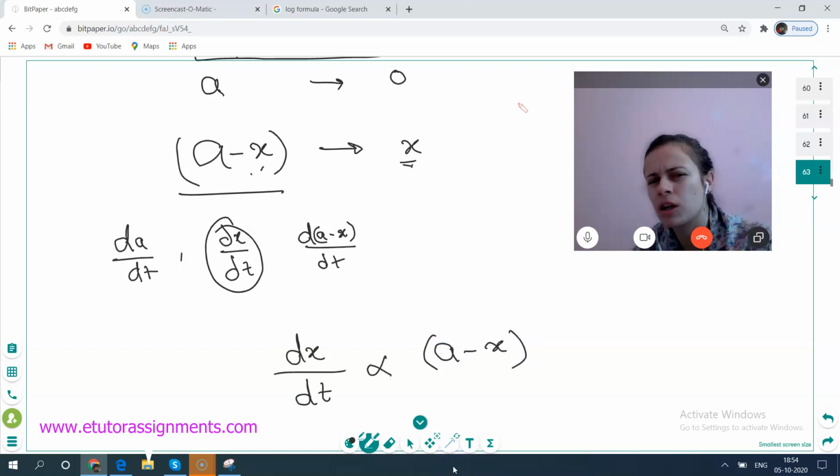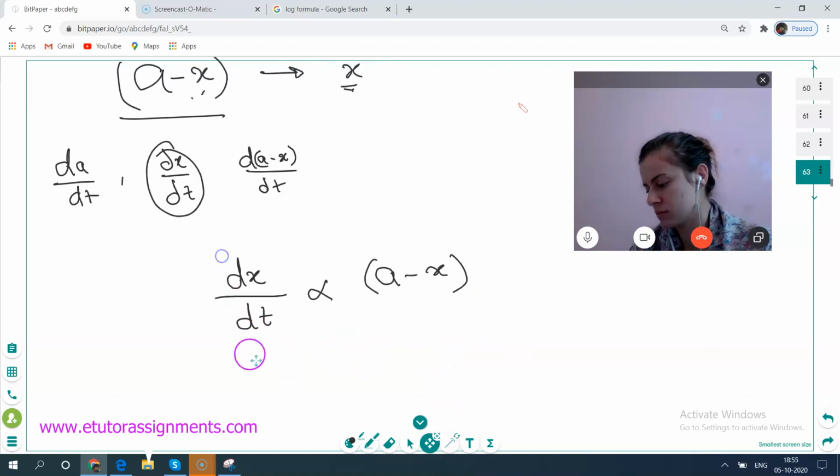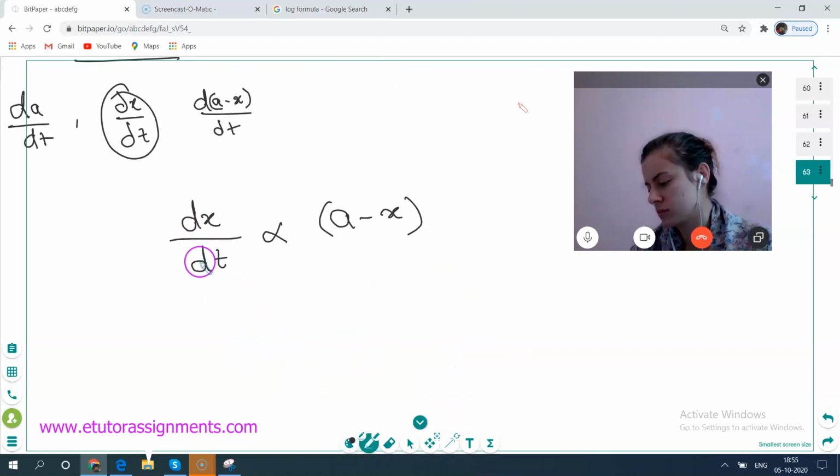In the beginning it's A, but we are taking some time t. We are finding the rate of reaction at time t: how fast my reaction is happening, how fast my product is being produced.